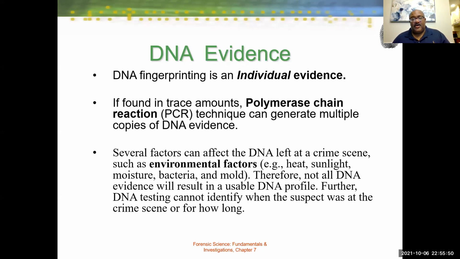That's why as soon as possible, the CSI team, the forensic team, needs to get there and start collecting evidence, because as long as it sits there, especially outside, all these things can have an effect on it. So it's very important that it be done correctly too, otherwise it'll basically be unusable.